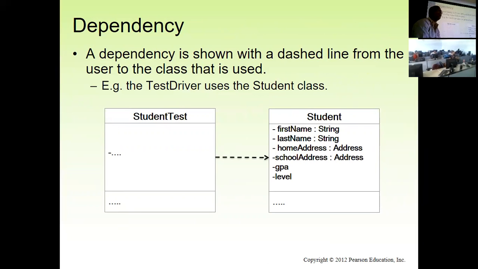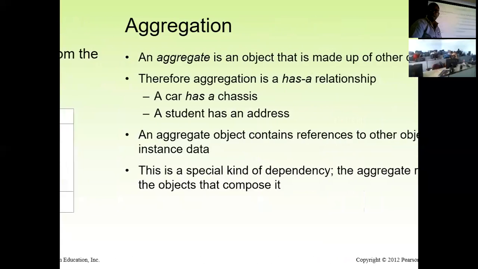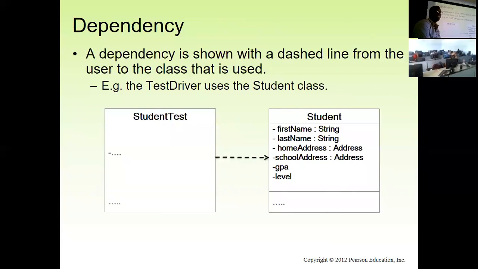For example, when we were doing the account example, we created a class, account tester, I don't know what it's called, account driver, and inside of that, you instantiated several copies of the account class. So that is a uses relationship, and that is depicted by a dashed line and the arrow. Now notice the arrow is going to the class that is being used.